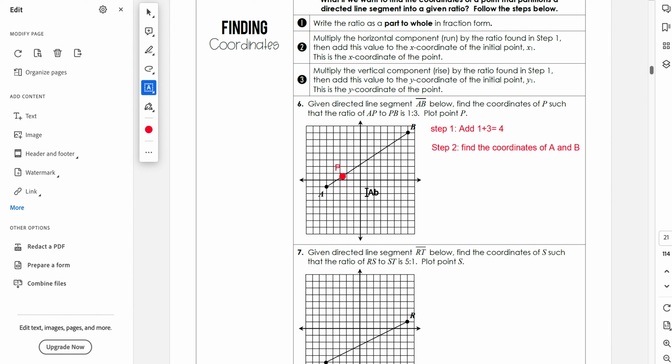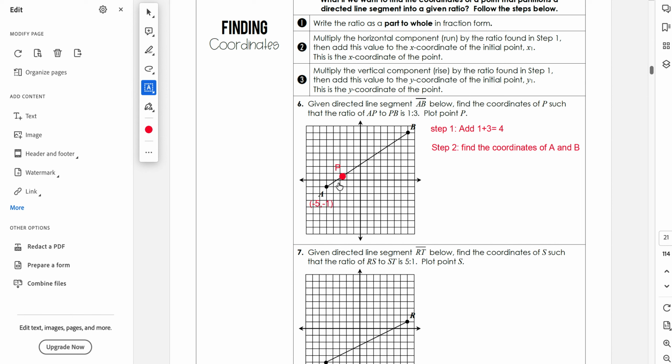So point A is basically, the x-coordinate is 1 to negative 1, negative 2, negative 3, negative 4, negative 5. So that is negative 5. And then the y-coordinate, of course my box right here is in the way, but it's actually negative 1.